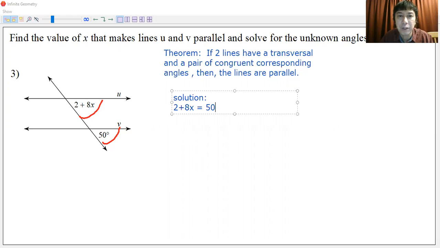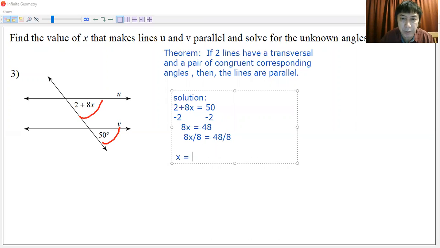So solving the equation, we subtract 2 from both sides. This gives us 8x, which equals 50 minus 2, that's 48. And we continue by division. 8x divided by 8 must be equal to 48 divided by 8. And x is equal to 6.